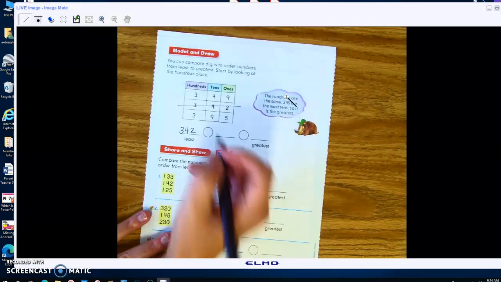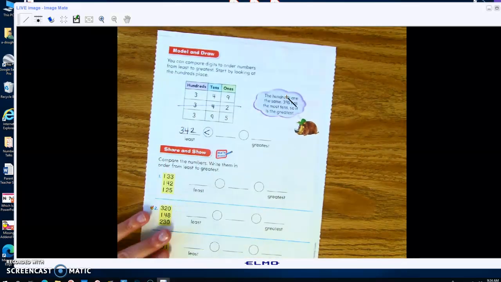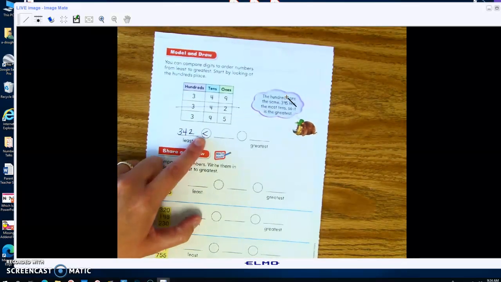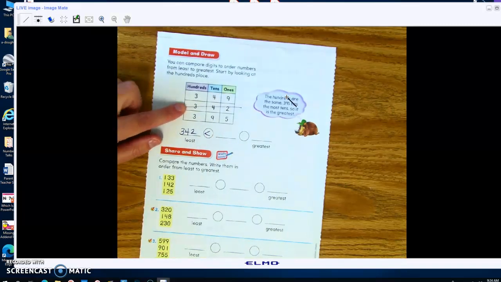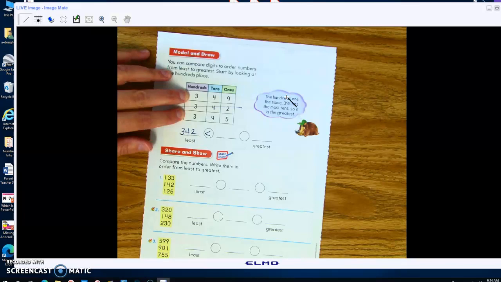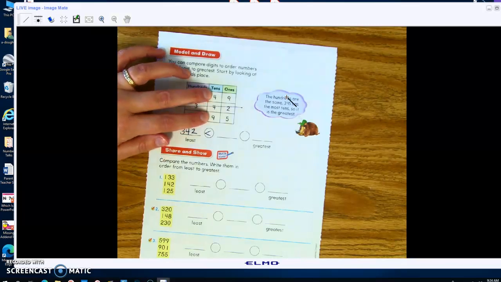And remember, less than goes like this, because this is the smallest number. The alligator doesn't want it. Okay, now I'm going to put the next smallest. So I already got rid of this one, so I'm going to look at the hundreds, and I'm going to look at the tens. Can I tell by the tens? Yes, is 4 or 9 smaller? 4.